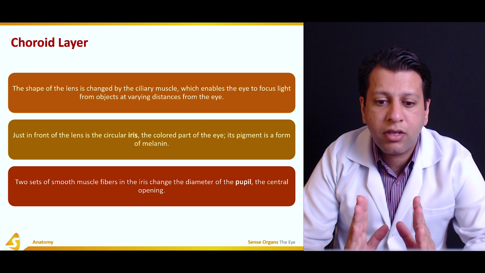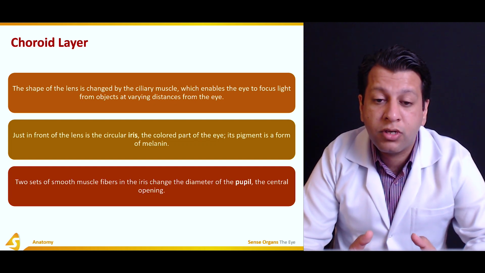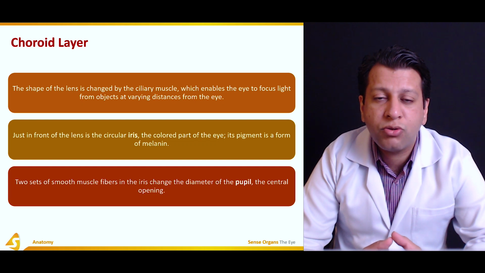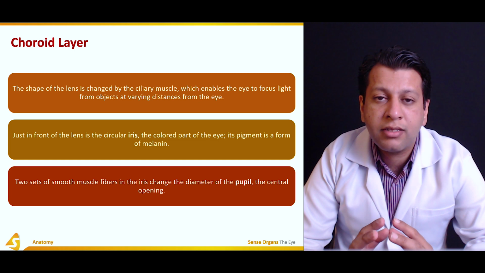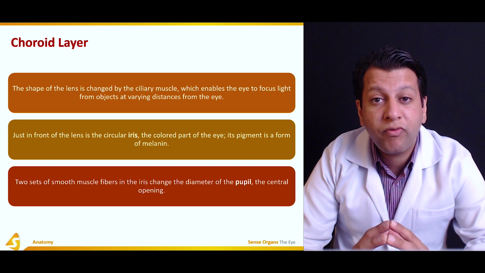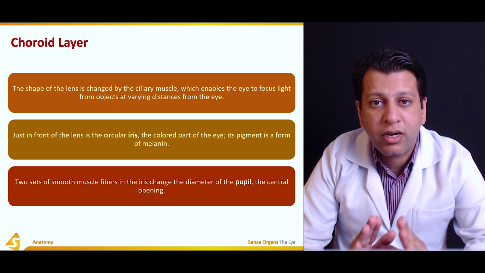And if the object is quite close, then the light rays are usually diverging. Then the lens has to contract to become more convex and thicker so that the light rays can be more refracted so that the image is formed on the retina.